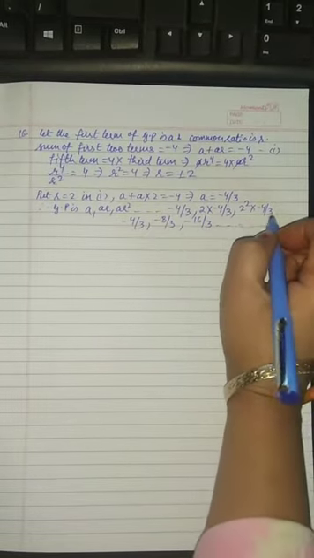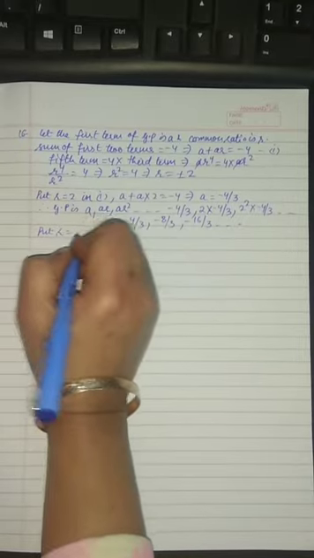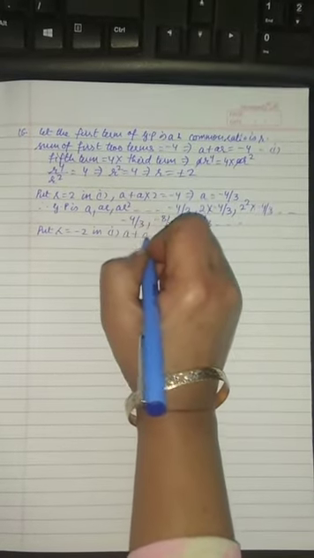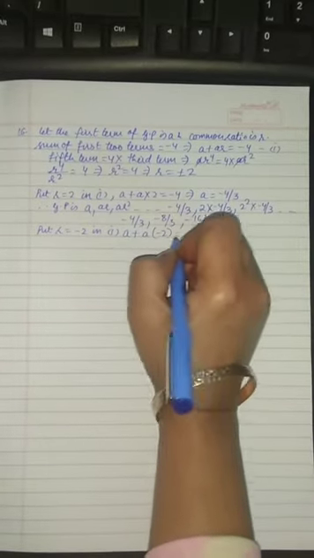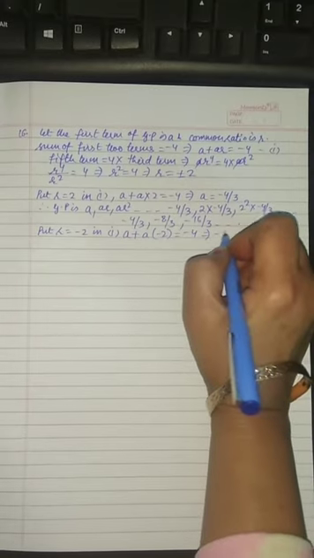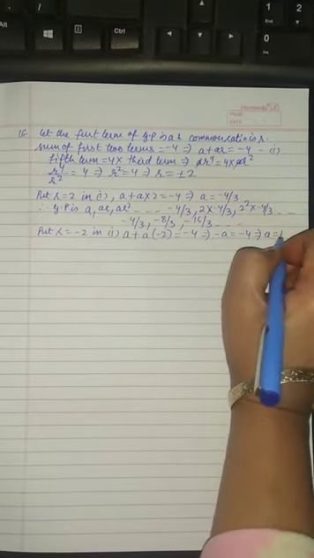Now when we put R is equal to minus 2 in equation 1, we will get A plus A into minus 2 is equal to minus 4. It will become minus A is equal to minus 4, which means A is 4.